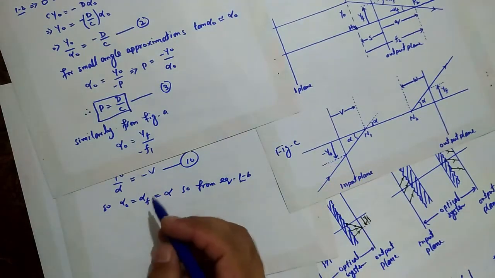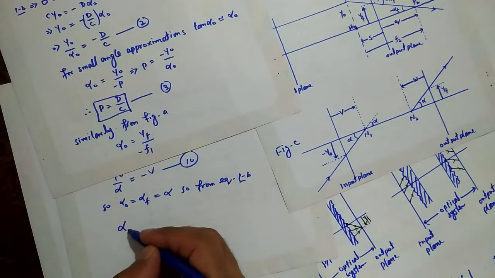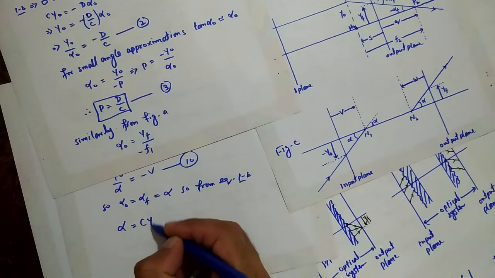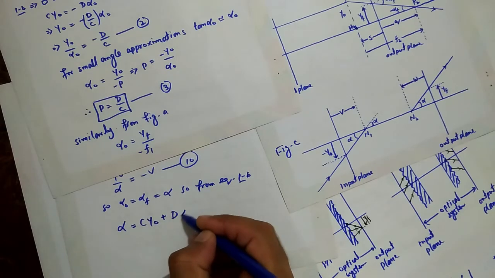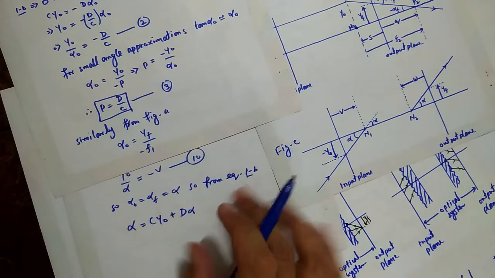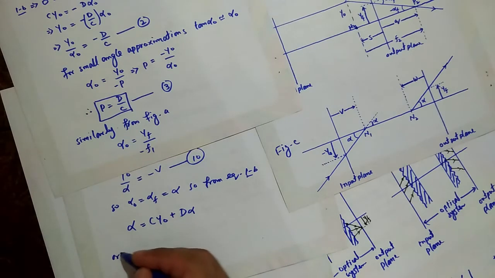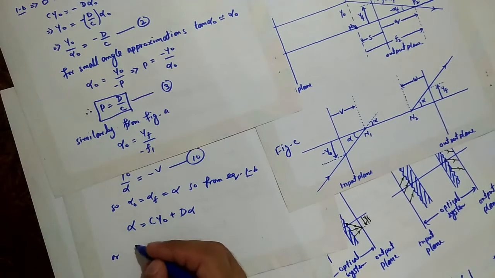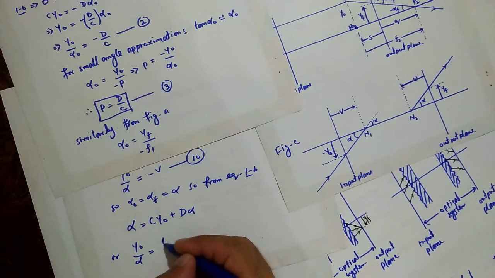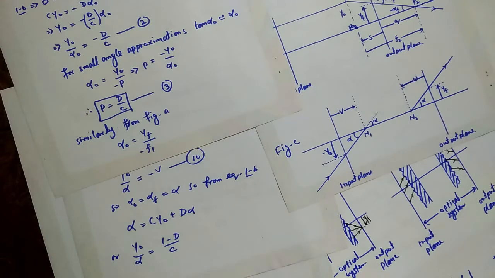So from equation number 1b, alpha will be equal to c y naught plus d alpha, or I can write it as y naught over alpha is equal to 1 minus d divided by c. Clear?